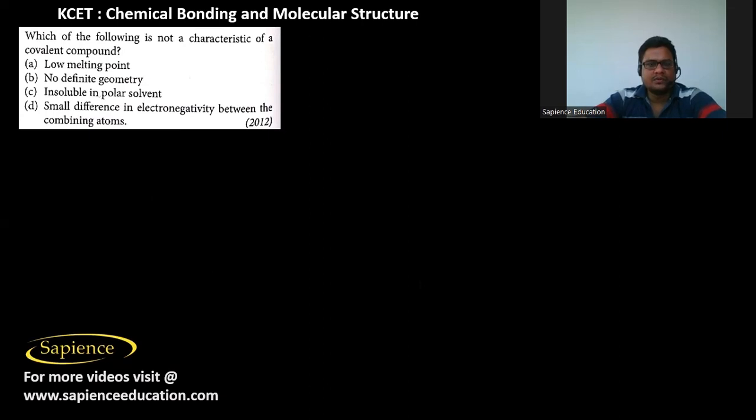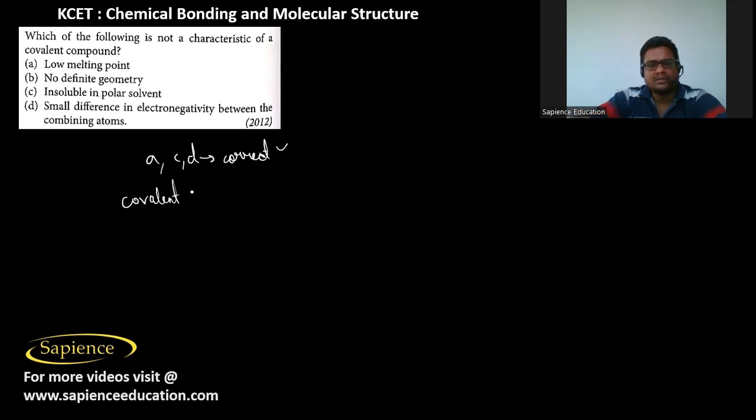Which of the following is not a characteristic of a covalent compound? Low melting point, no definite geometry, insoluble in polar solvent, small difference in electronegativity between the combining atoms. So here A, C, and D are correct statements, but it has a definite geometry.